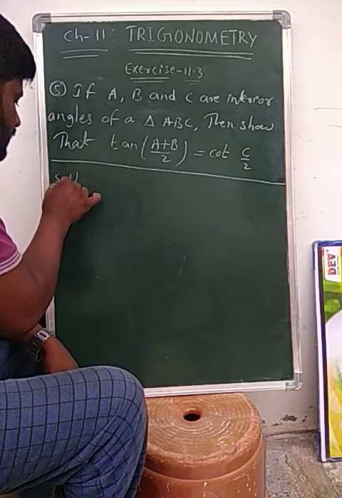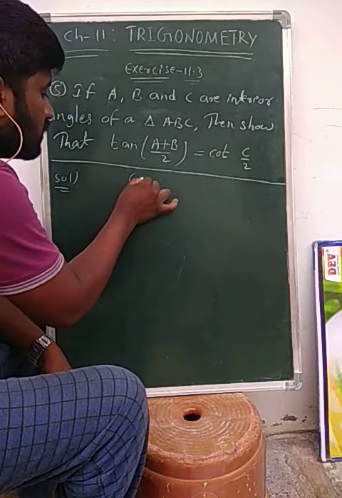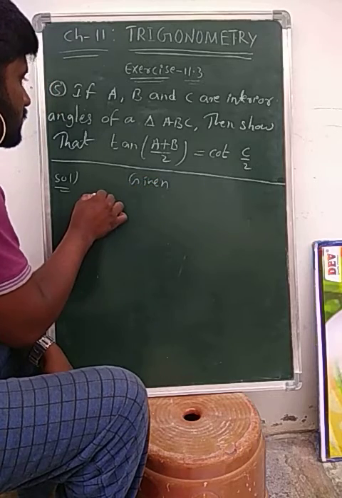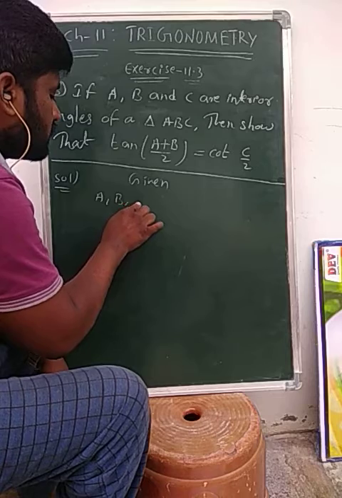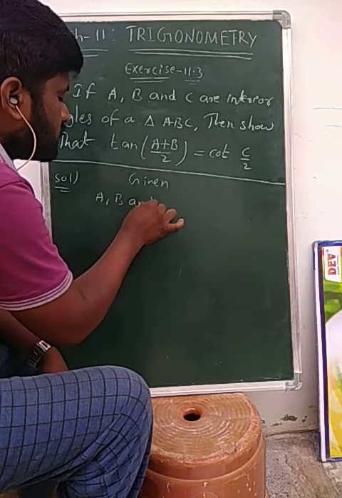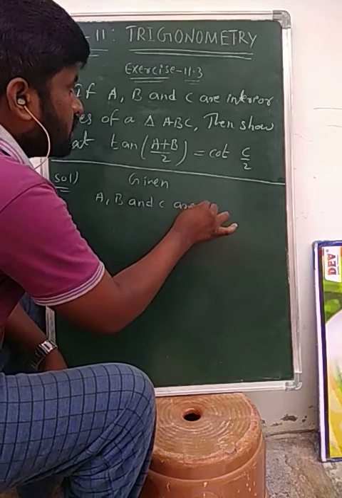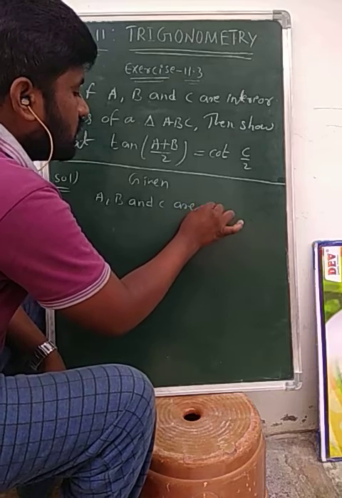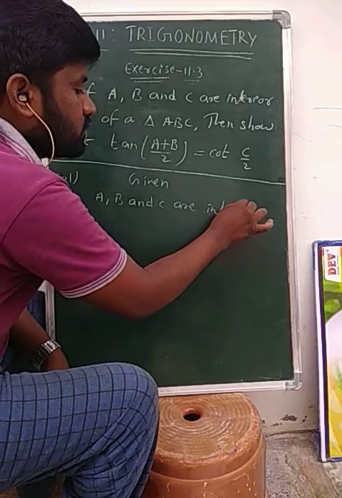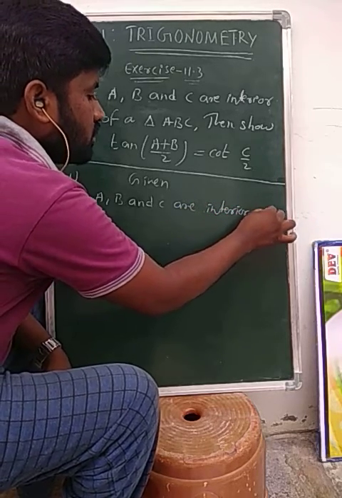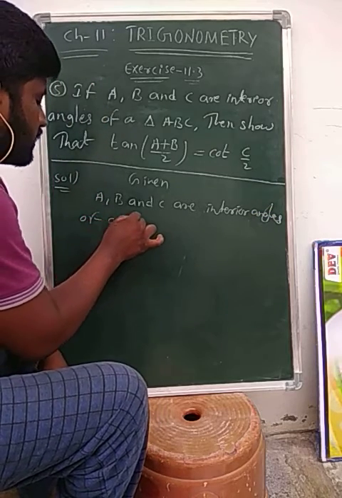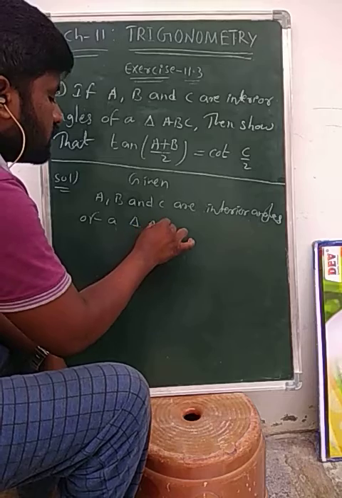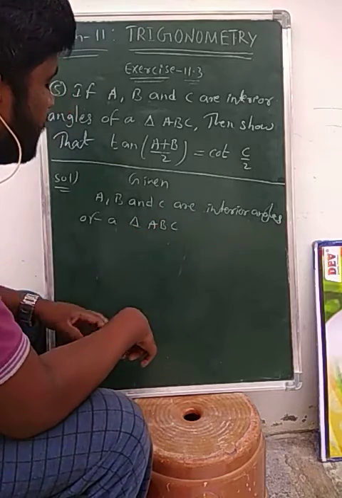I am writing the given data. Given A, B and C are interior angles of a triangle ABC.